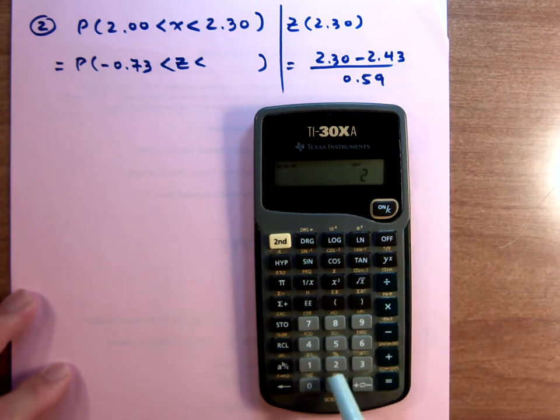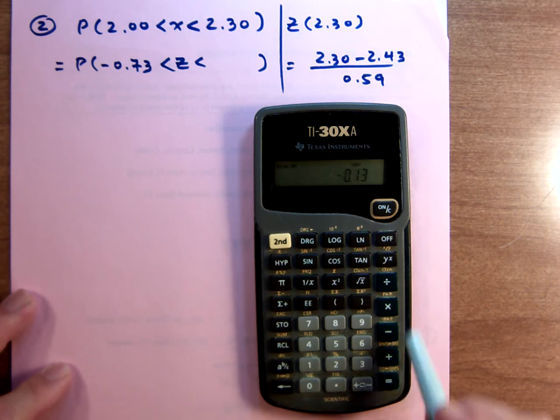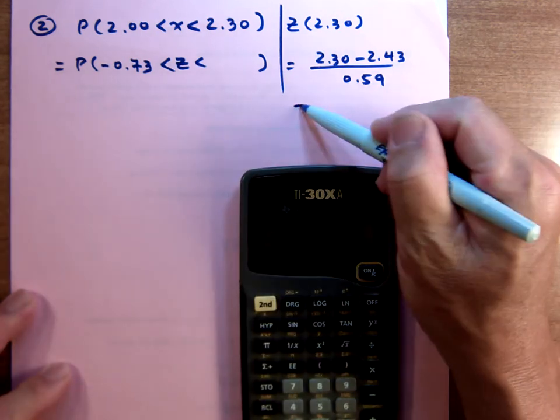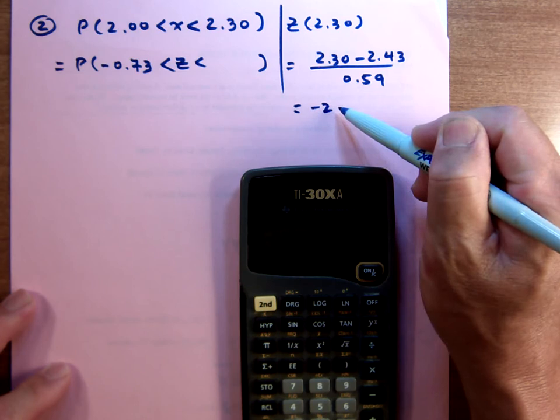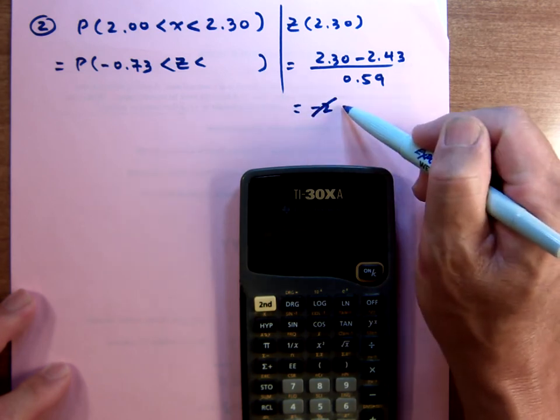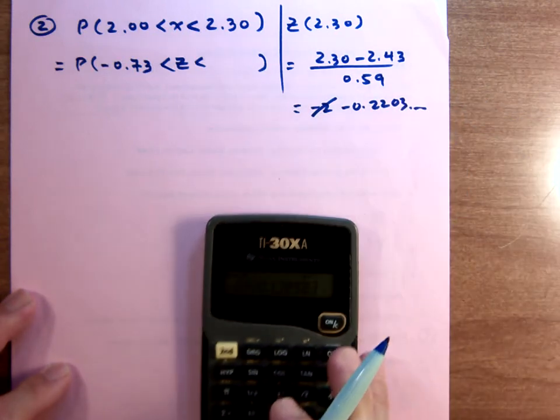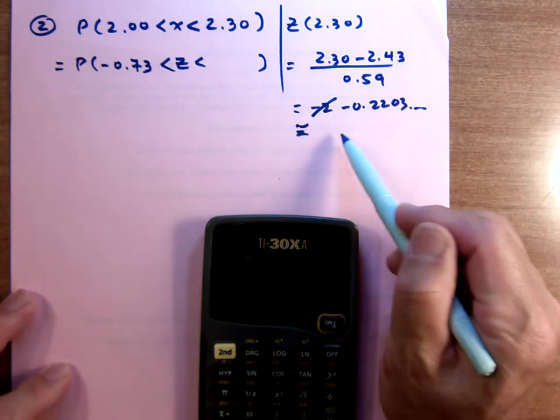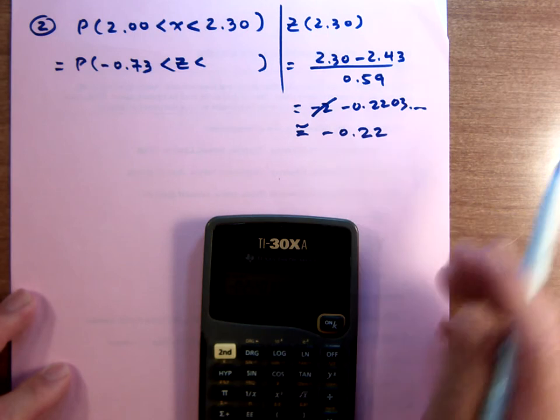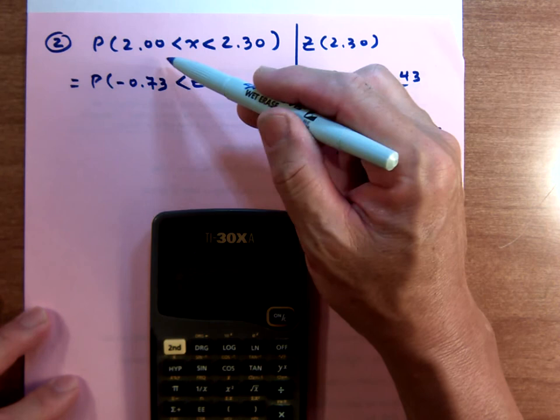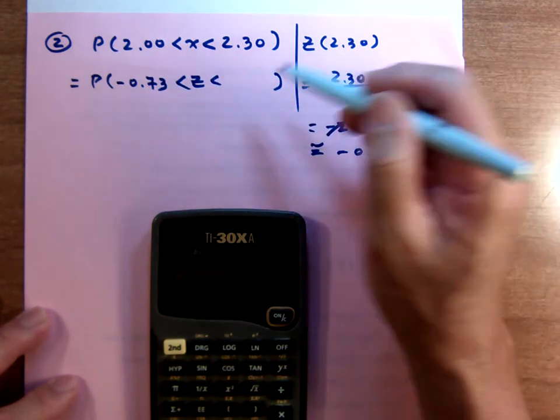So 2.3 minus recall 1 equals, divided by recall 2, and there is my new z value of negative 0.2203 and so forth. Again, we'll round that off to negative 0.22. So in this problem, we converted a couple of these x values into z.